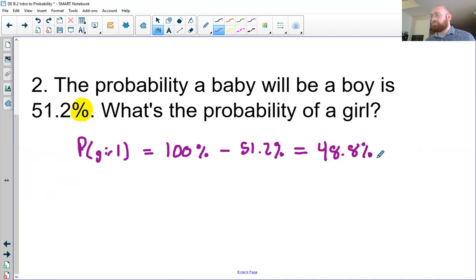Of course, every year I say I'm going to change this question because gender is not specifically male or female. There are people who are born who are intersex, and there are people who, although they might be assigned one sex at birth, identify as a different gender.